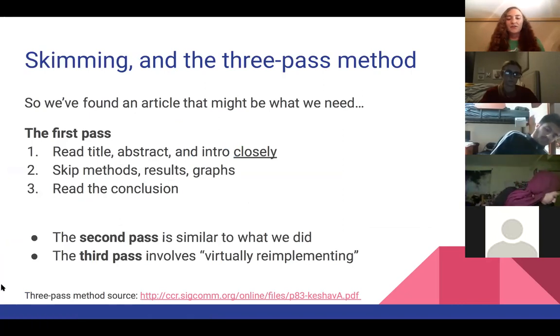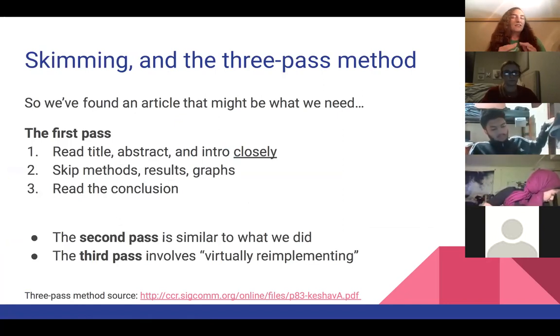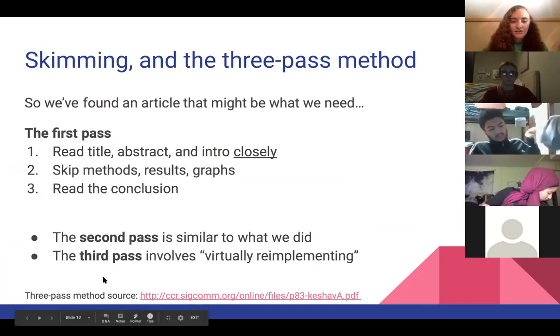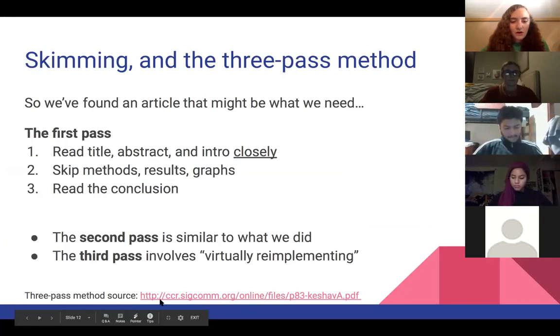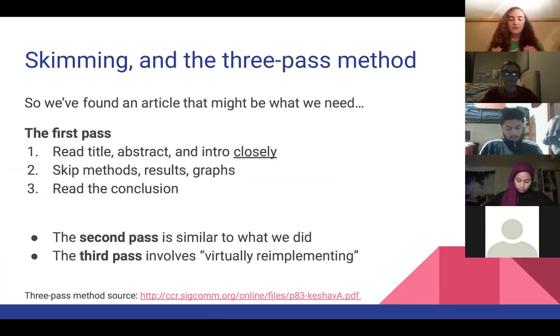Now, let's say you don't have a lot of time and you just want to skim. The method I suggest, from this paper down here, is one good way to skim and still have a really good idea about what happened in the article: the 3-pass method.